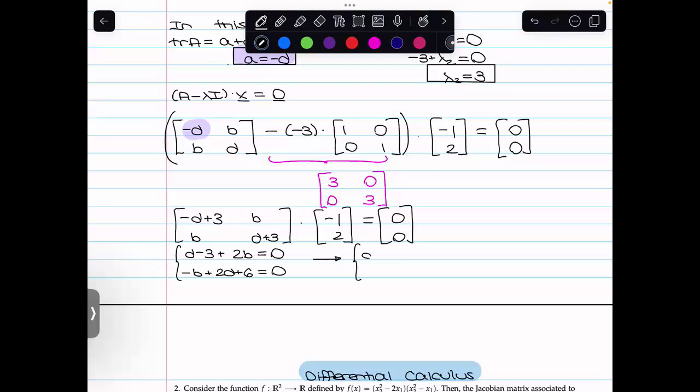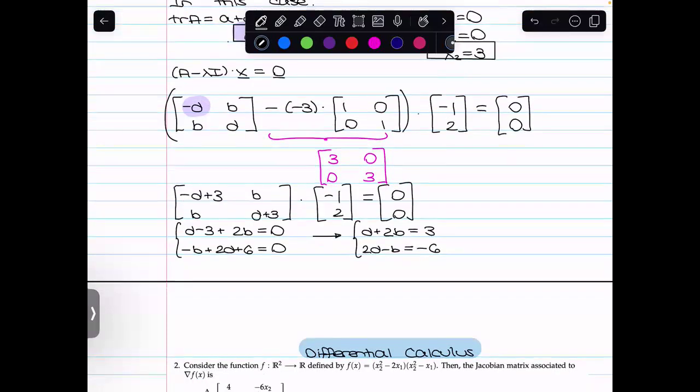So if we simplify a bit, we can then do substitution or elimination, doesn't really matter. Maybe I would do elimination just because I can see here that if I multiply this by -2, that's going to give you a -2d.